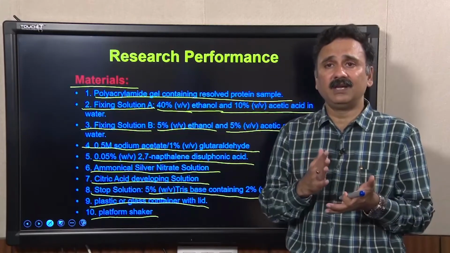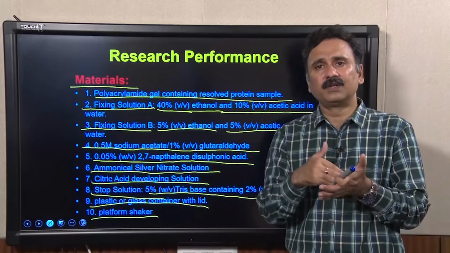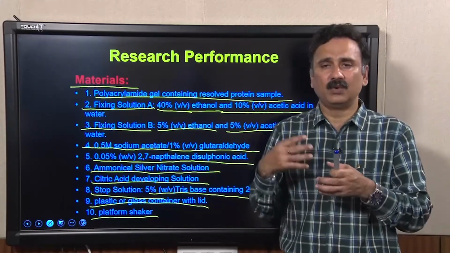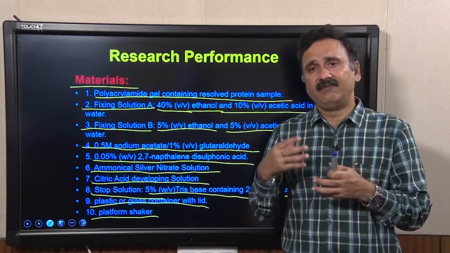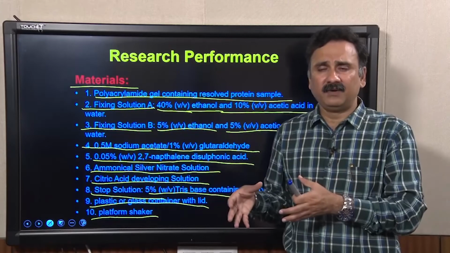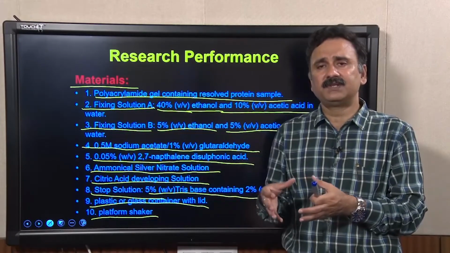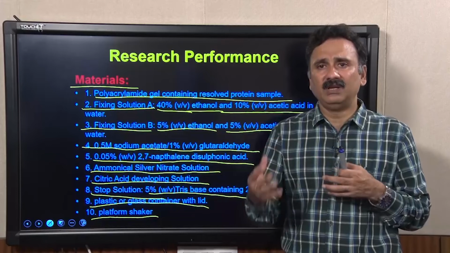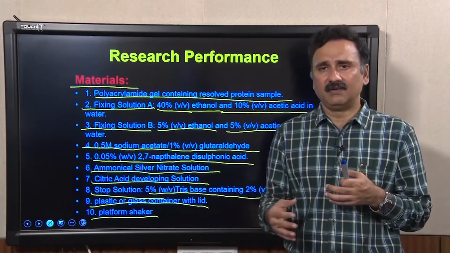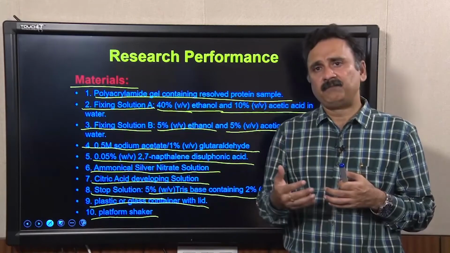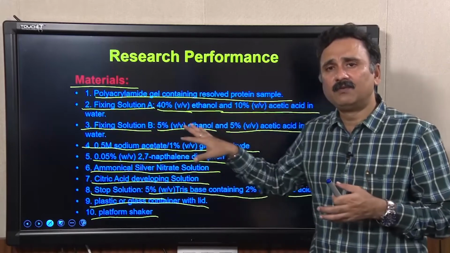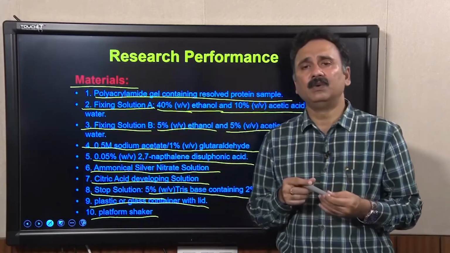Silver is a very toxic metal, so it goes into your skin very fast and starts showing toxic effects, maybe not in one staining procedure, but when you are doing this on a routine basis, you might accumulate a large quantity of silver in your body, and that is going to be detrimental for your life. That is why you have to take all these precautions when you are doing silver staining.